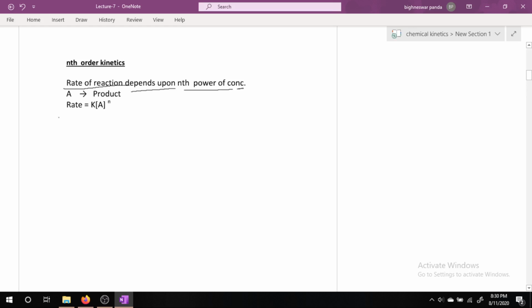So in case of rate I can write minus dA by dt is equal to K into A power n.